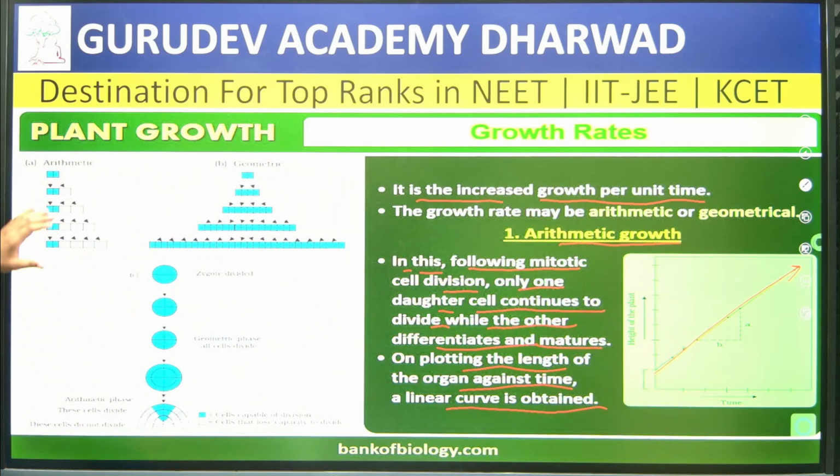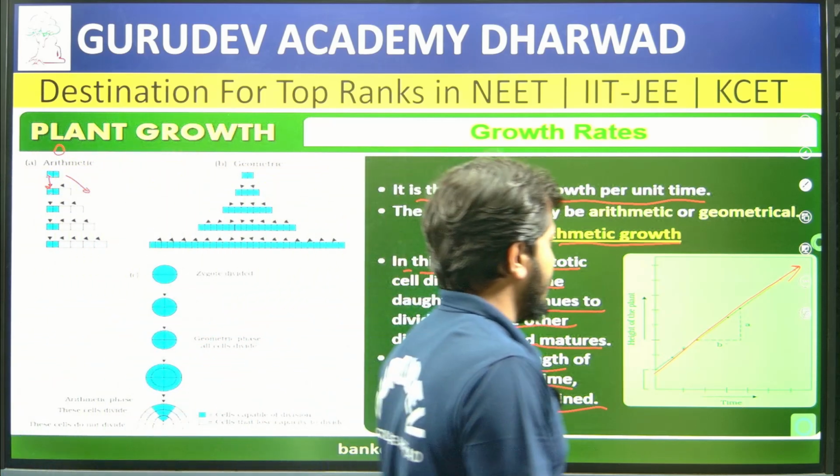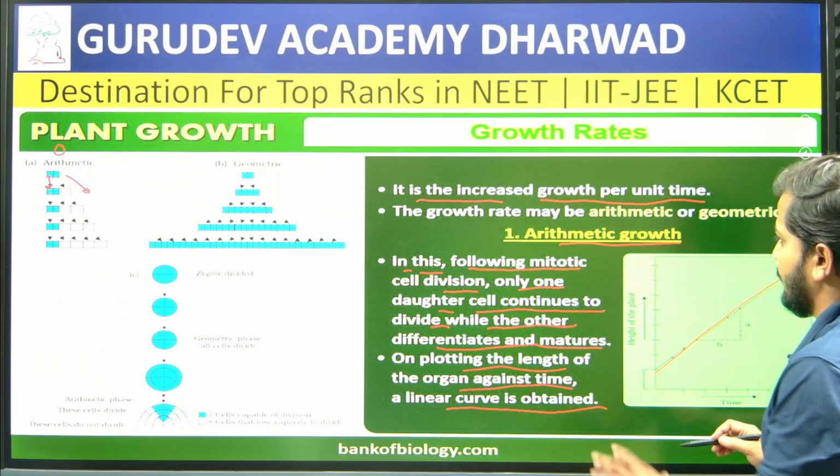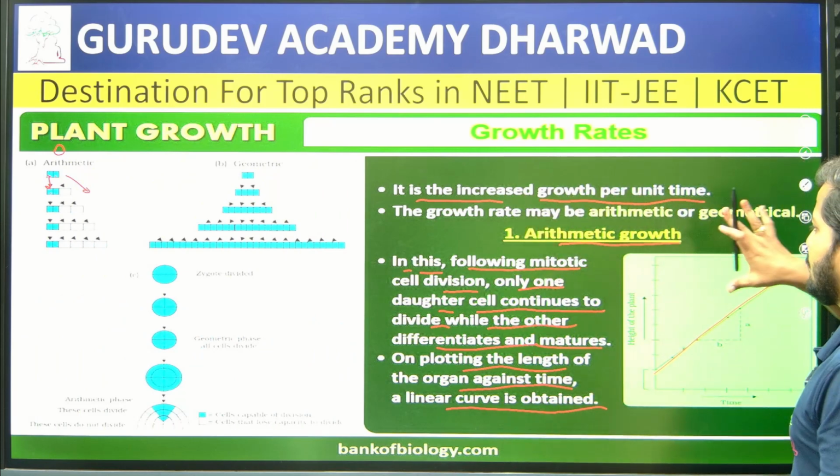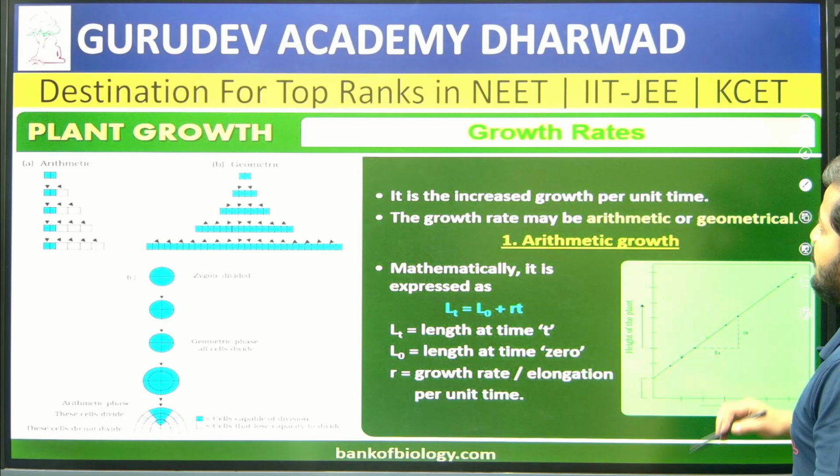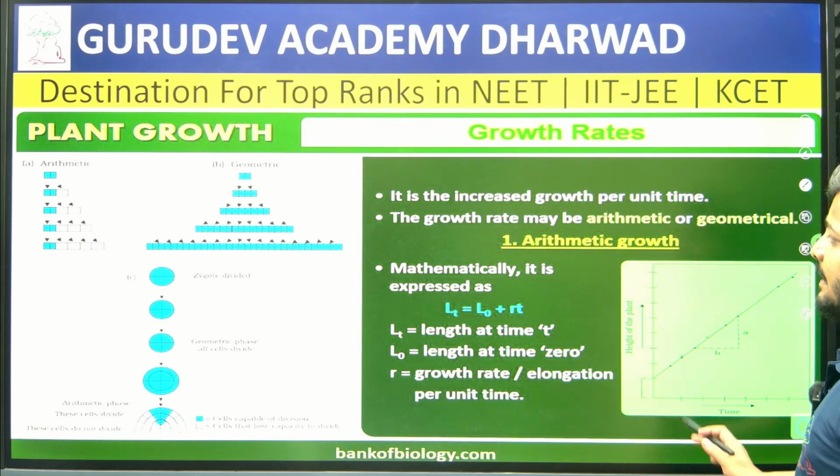So in the arithmetic form, if you consider one cell divided into two, one remains in dividing form, and the other is going to be specialized, differentiate and mature and carry out different types of function. That type of growth we are going to call the arithmetic form of growth.